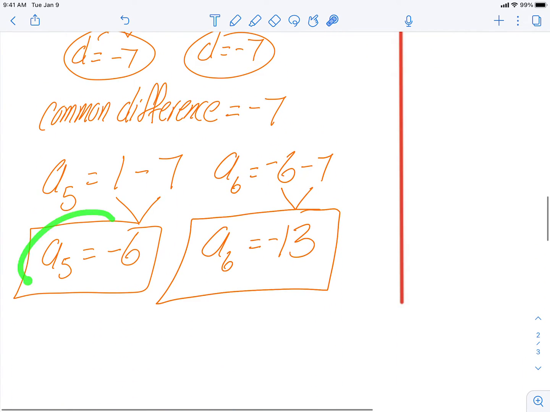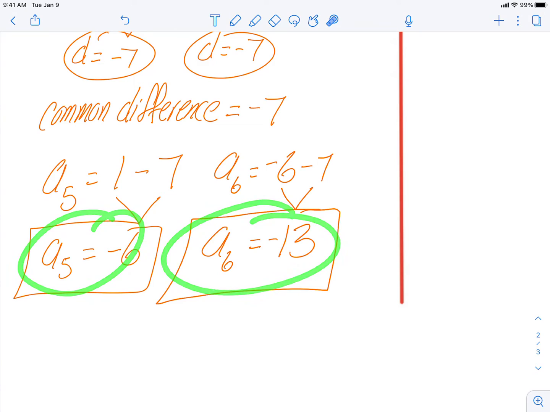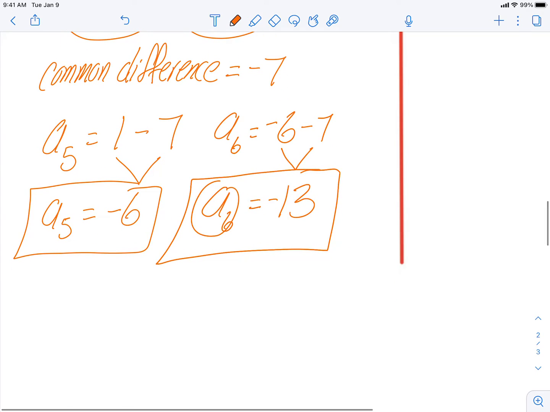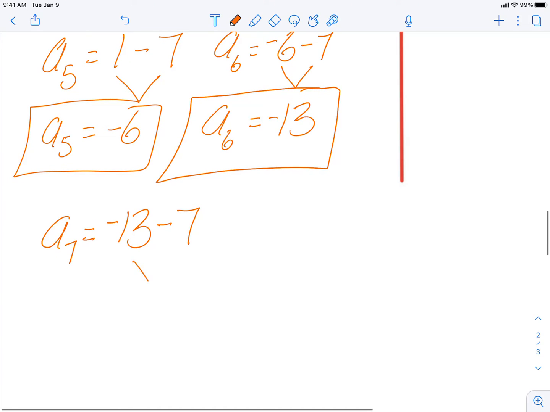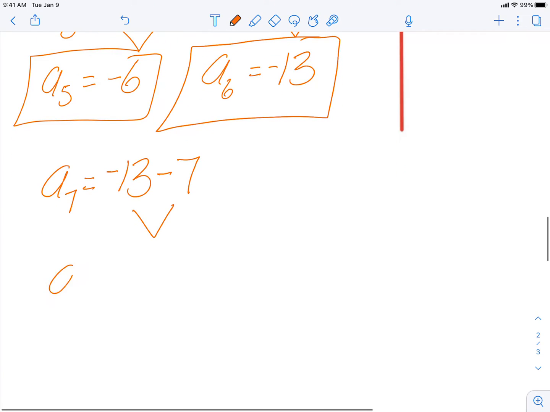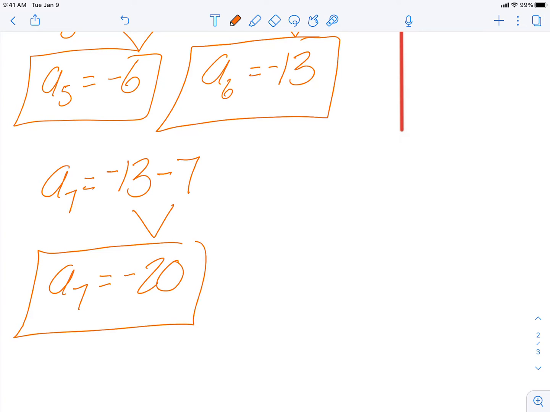So I found 1, I found 2. Let us find, and this is the 6th term, so let us find the 7th term. 7th term is equal to the 6th term, and then the common difference is -7. So those two are the same sign. 13 plus 7 is 20, and it's a -20 because 13 is bigger, and there's my 3 terms.